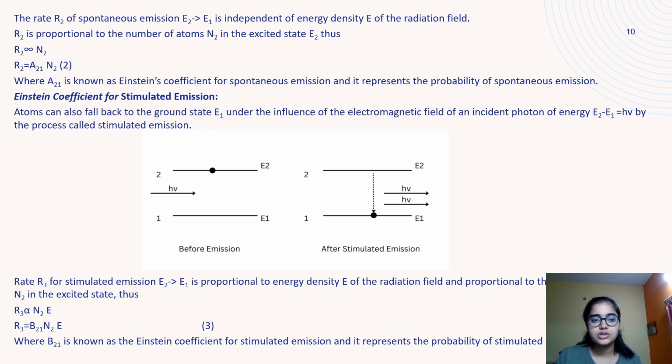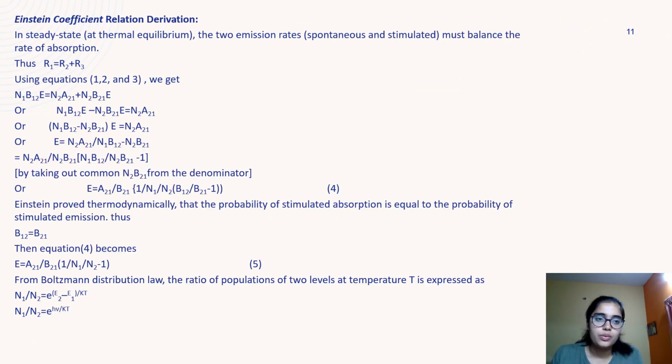Rate R3 for stimulated emission, in which the atom comes back from the higher excited state E2 to the lower state, is directly proportional to energy density E of the radiation field, and R3 is directly proportional to N2E, or R3 is equal to B21 N2E, where B21 is known as Einstein's coefficient for stimulated emission and it represents the probability of stimulated emission.